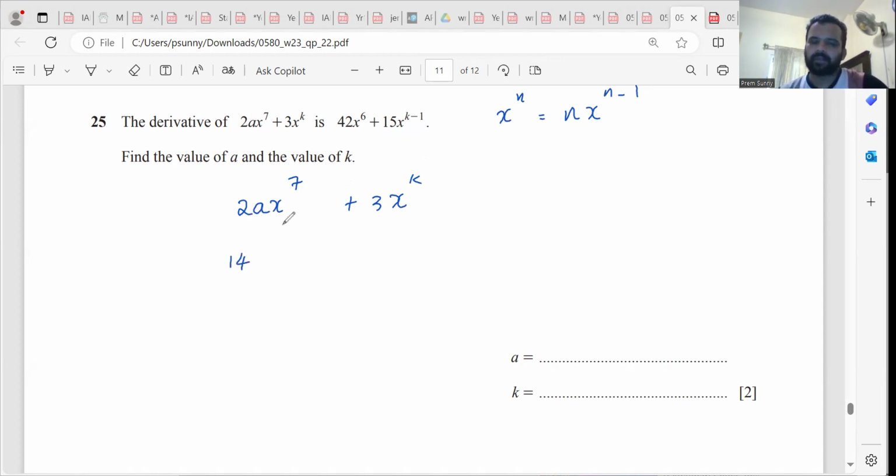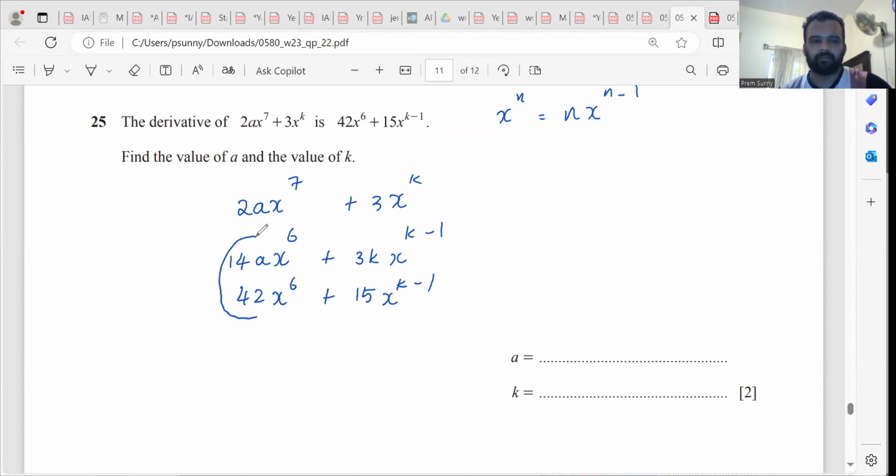When I find the derivative of 2ax to the power of 7, multiply 2 with 7, 14a, x to the power of, subtract 7 minus 1, 6, plus k multiplied with 3, so we'll get 3k x to the power of k minus 1. Here the derivative is given as 42x to the power of 6 plus 15x to the power of k minus 1.